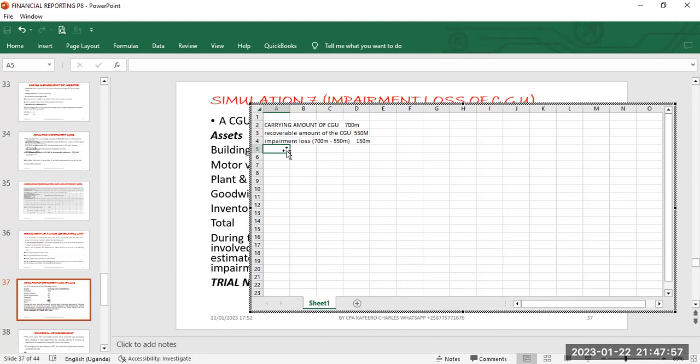Actually, let me put it there so that you'll be able to follow. The CGU, I said the CGU is a cash generating unit. The CGU is impaired since the carrying amount is more than the recoverable amount.